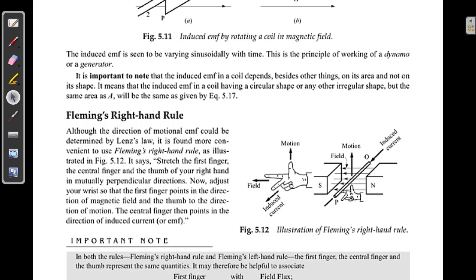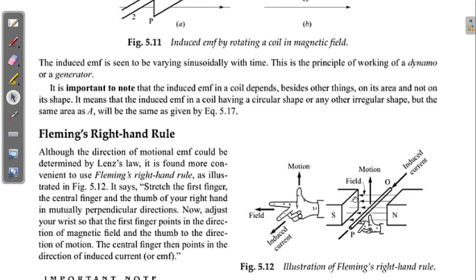Then adjust your wrist so that the first finger points in the direction of the magnetic field. The magnetic field emerges from the north to the south pole, as shown in this figure 5.12.